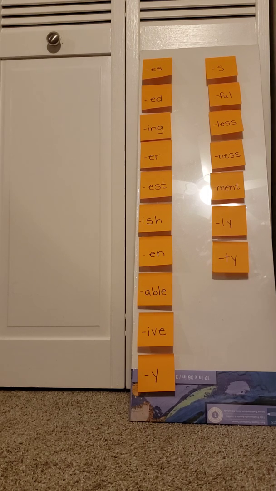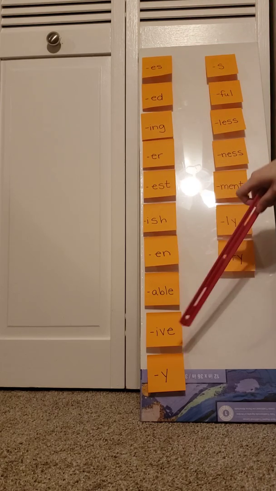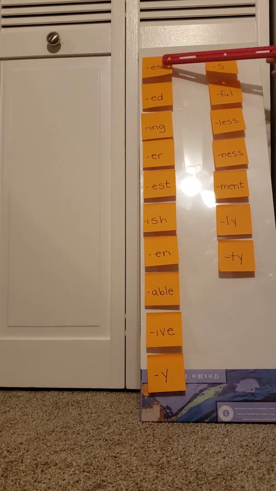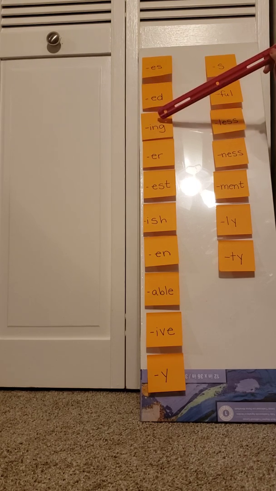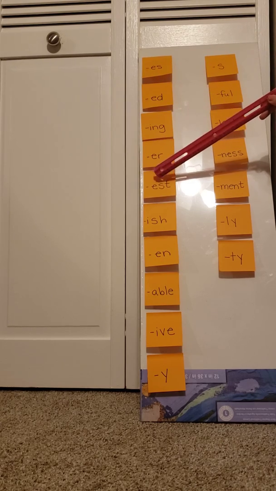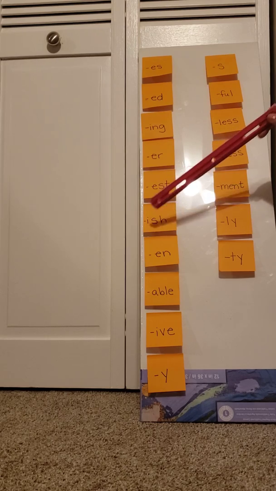First off, let's go over all of the suffixes that we've gone over. We have our vowel suffixes and our consonant suffixes. Go ahead and repeat after me at home so that you can hear it. Es, is. Ed, id. Ing, ing. Est, ist. Ish, ish.